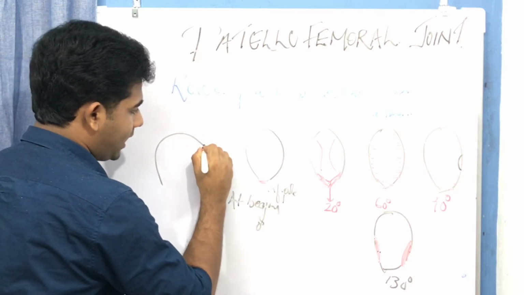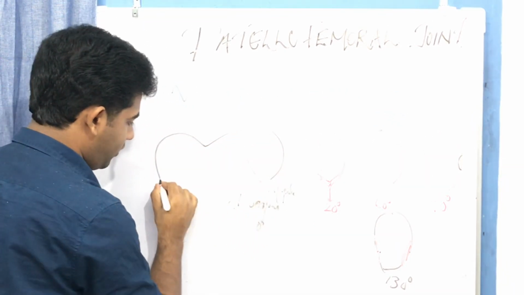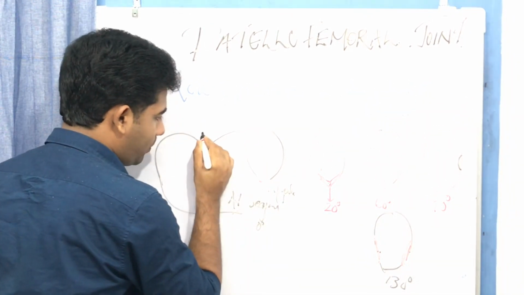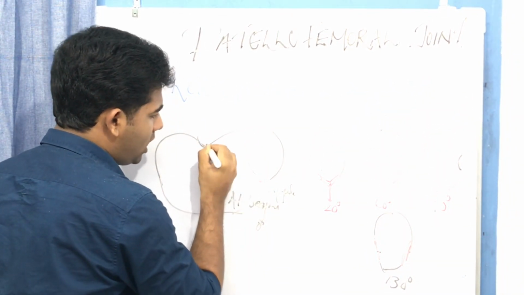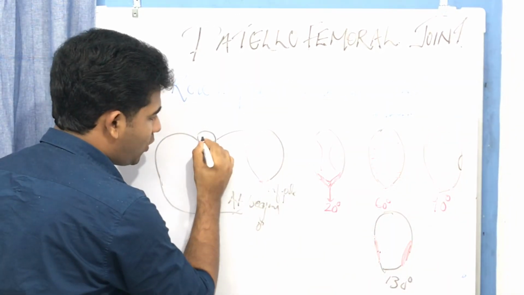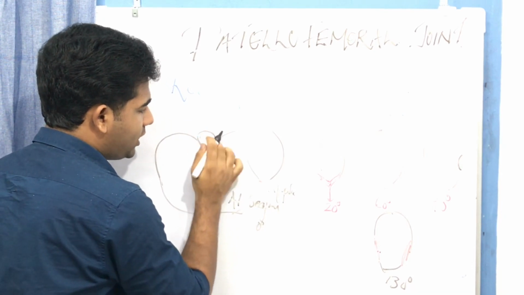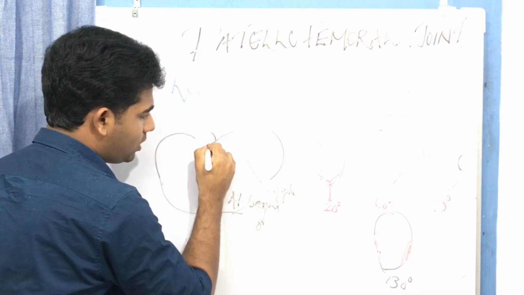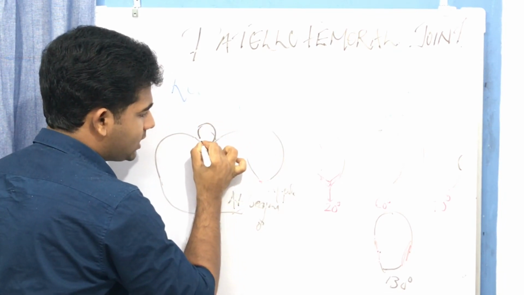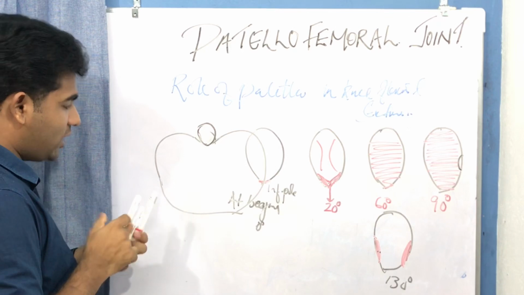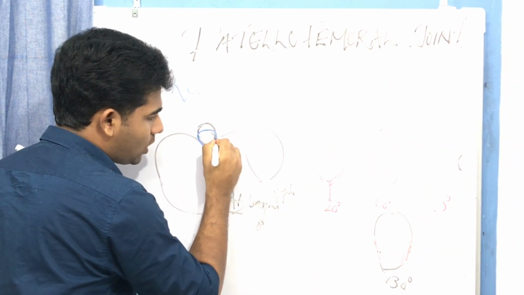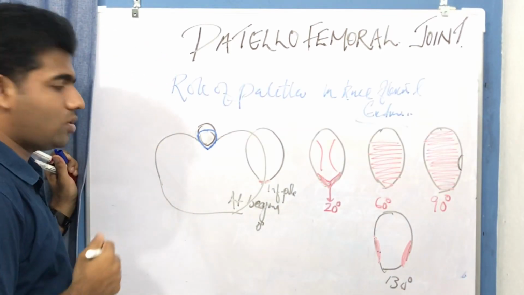If you draw a diagram of a femur like this, what happens? Initially only the inferior pole of the patella is in contact. When flexion increases to about 20 degrees, the inferior margins of the medial and lateral facets come in contact.